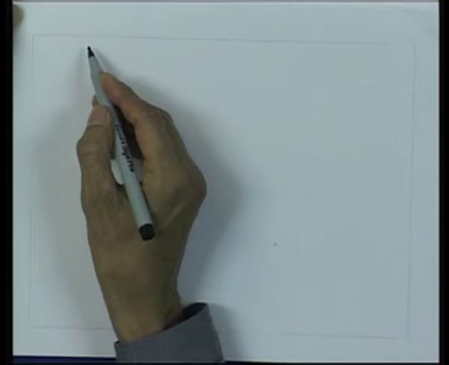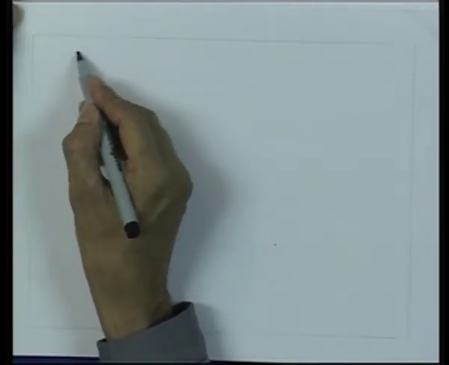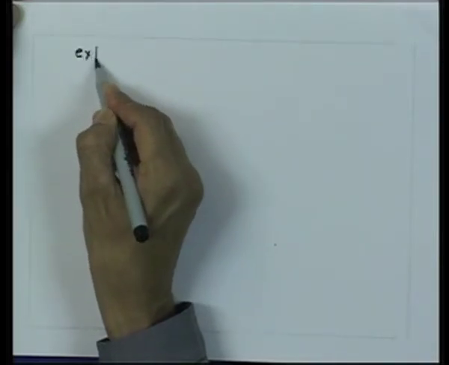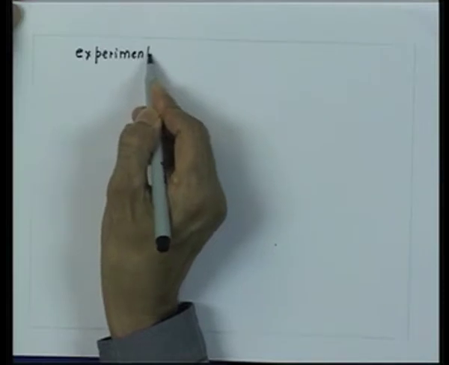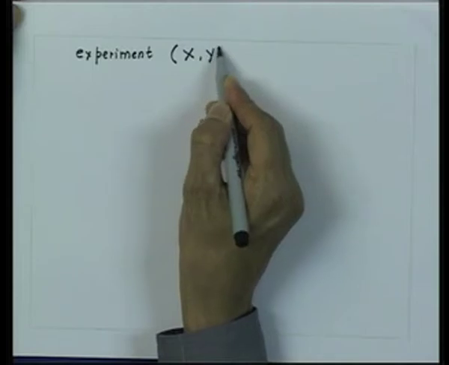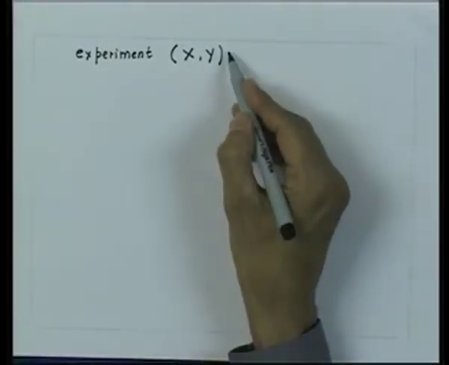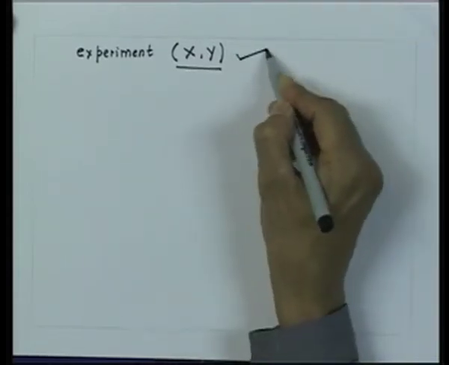So, I can formulate in many cases experiments which have two outcomes. I will say that the experiment having two outcomes is denoted by, let us say, x and y. So, x and y, the way I have given here, denotes an experiment.